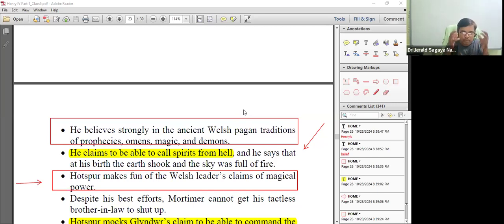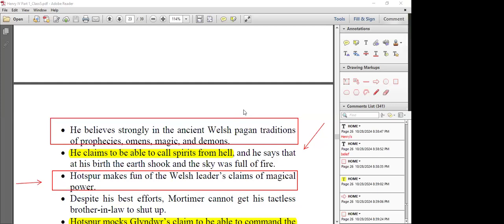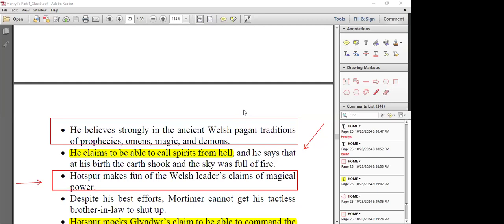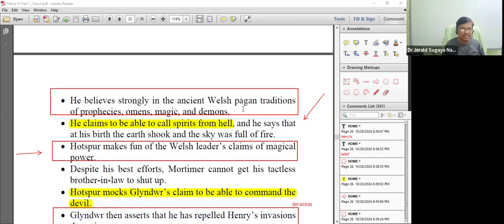When everybody should put their minds together and plan strategies against Henry IV, the host is being insulted by the guest. Who is the host? Owain Glendower is the host, and all others are guests. They have gone to his castle.